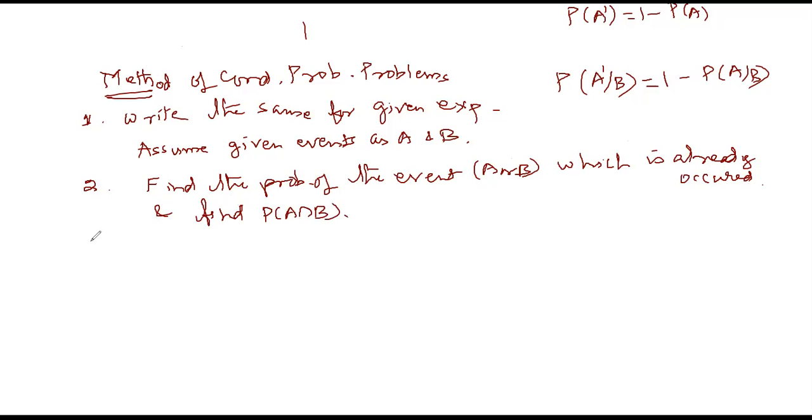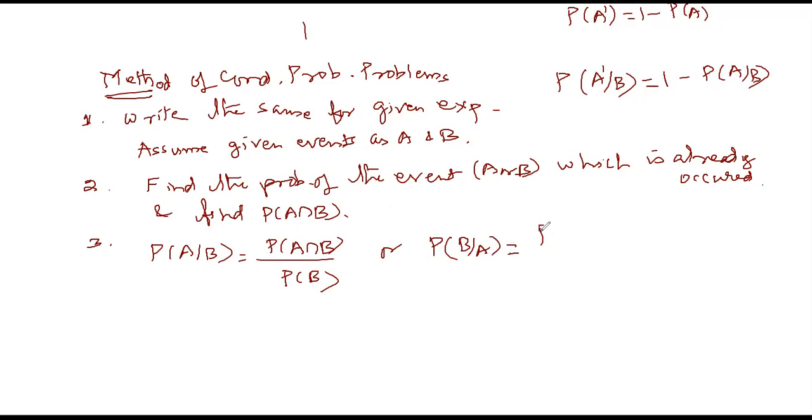And last, if you have to find the probability of A when B has occurred, you will use this formula: probability of A intersection B divided by probability of B. Whatever has already occurred will come after the stroke, or in the denominator of the formula. So probability of A intersection B divided by probability of B.